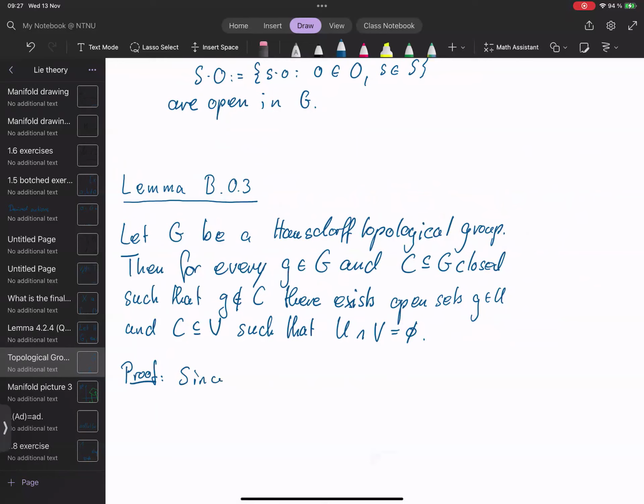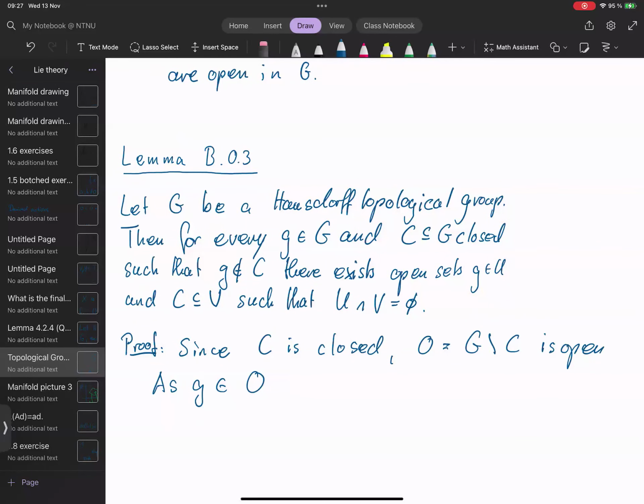Since C is closed, its complement in G is open. Let's call this complement O. So we take G without C. This is open. Great. As the element g is in this open subset, since it's not contained in C, we see that if I take delta of g and then the unit, this is g times the unit inverse, but the unit inverse is the unit, so this is g.